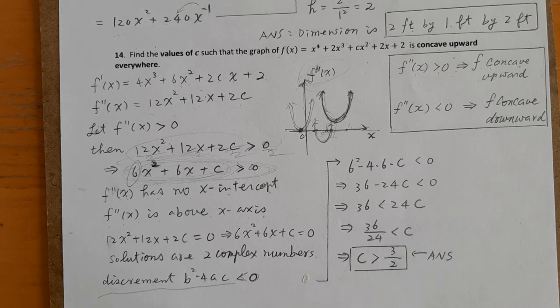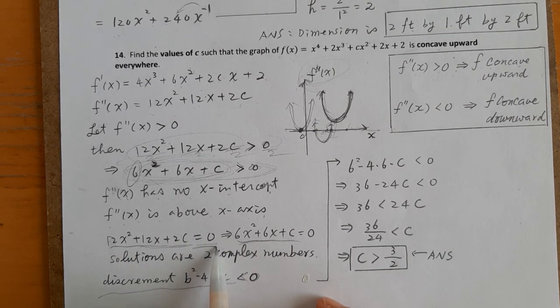No x-intercept, above the x-axis. That means if you set this equal to 0 and solve it, the solutions are two complex numbers.